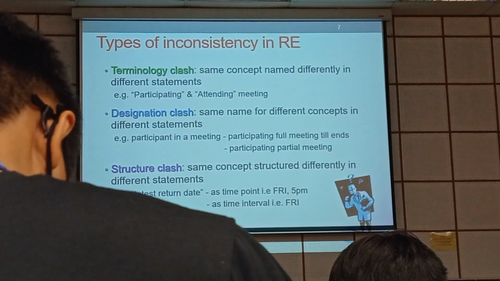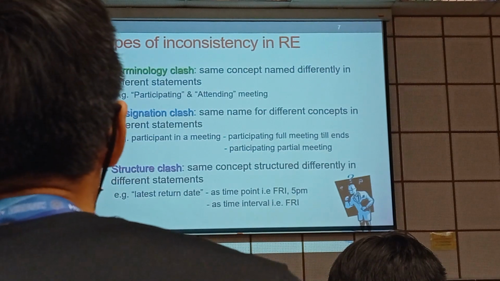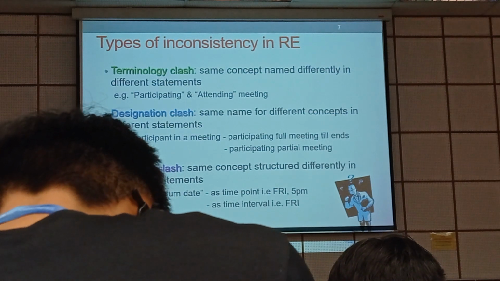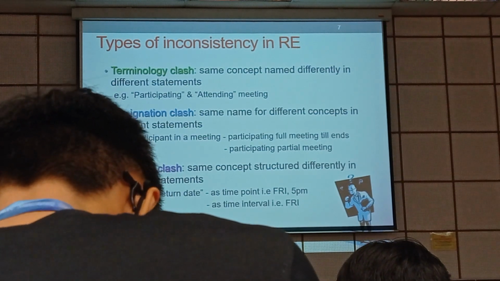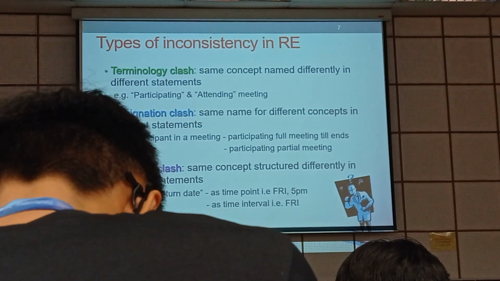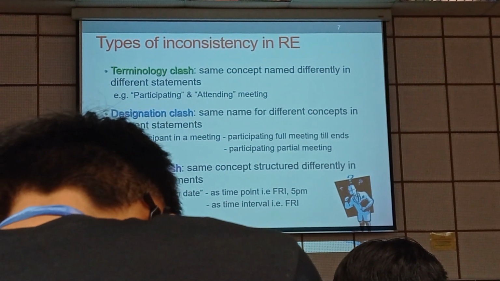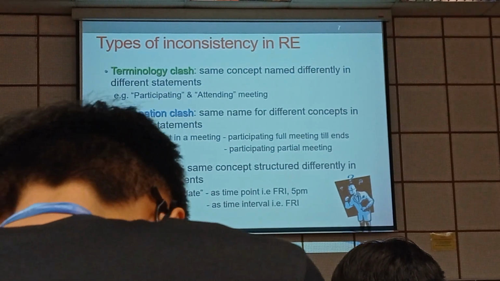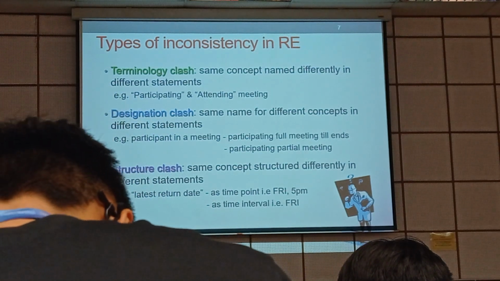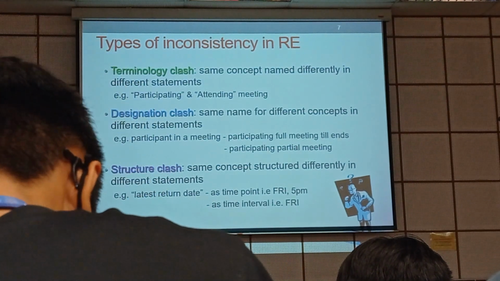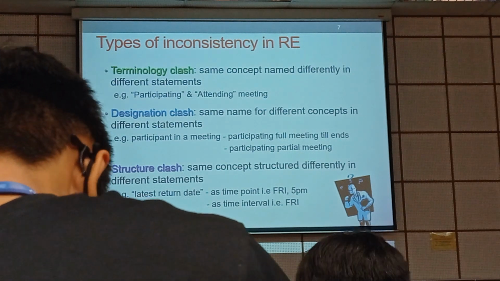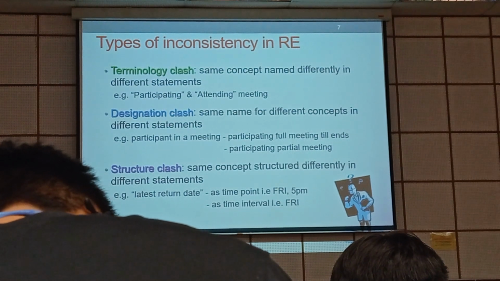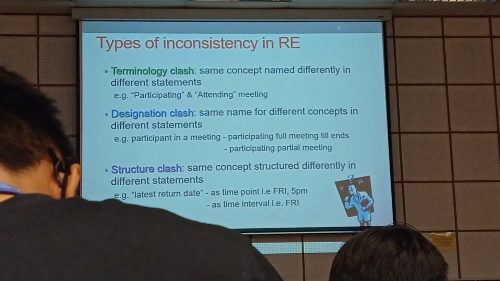But when I find out more, I learn that both refer to the same concept. So why use two different words for the same concept in one document? That is the first clash, which we call terminology clash. One concept, why use two terms?